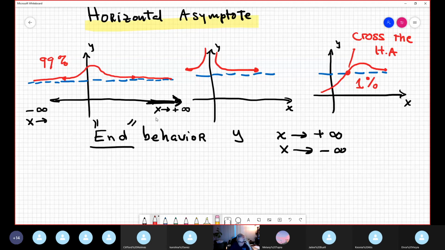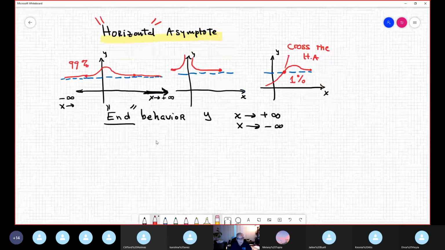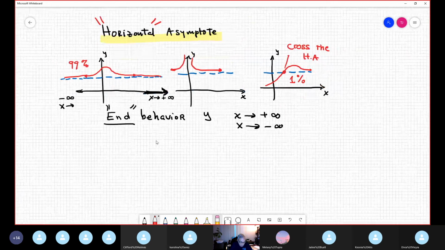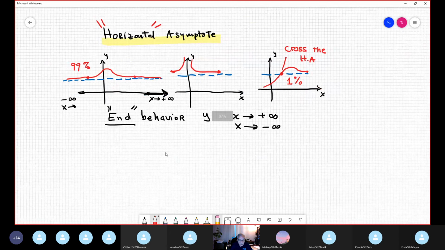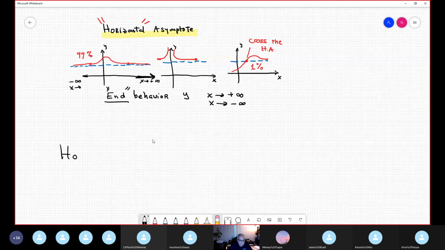So how do you know? How do you find the horizontal asymptote? Because professor, you explained vertical to me. I understand vertical very well, but horizontal, I have no idea. Okay. Let me explain. We have two scenarios. Let me explain now horizontal asymptote, a scenario.